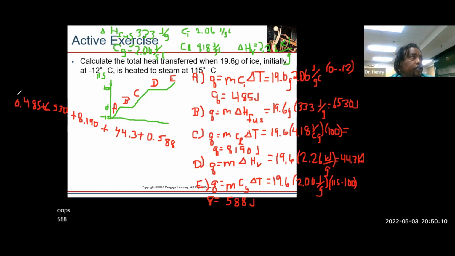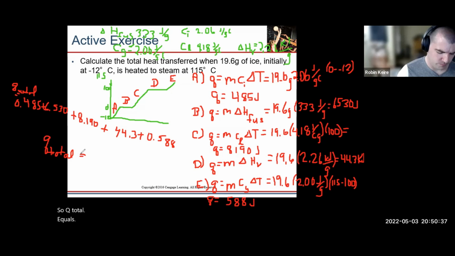That's going to be our total Q. So Q total equals 60.1 kilojoules.